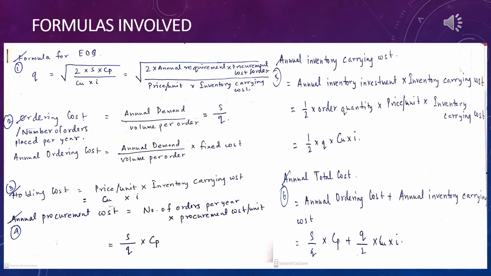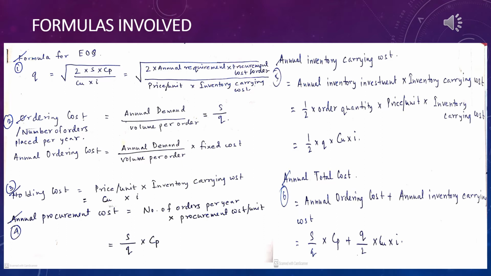If we talk about the annual inventory carrying cost, annual inventory investment into the inventory carrying cost should be the annual inventory carrying cost. Annual inventory investment is nothing but half of the ordering quantity into the price per unit, and inventory carrying cost is taken as I. So half into Q into CU into I gives us the annual inventory carrying cost.